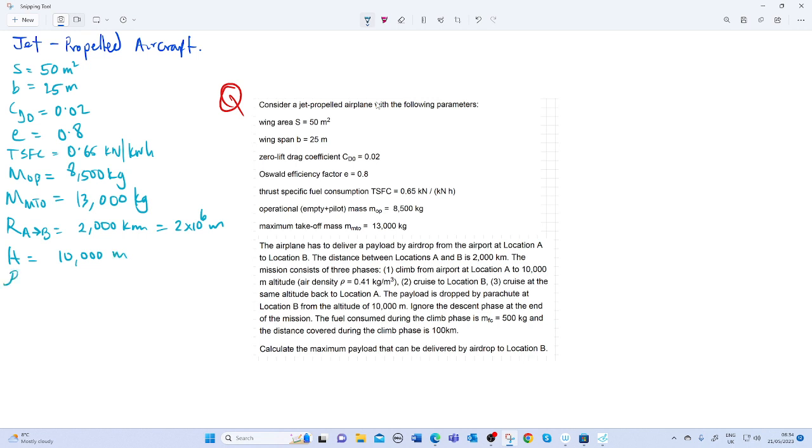The density at the altitude, 0.41 kilogram per meter cube. The mass of fuel consumed during the climb, 500 kilogram. The distance covered during the climb, 100 kilometer, which is 10 to the power 5 meter.